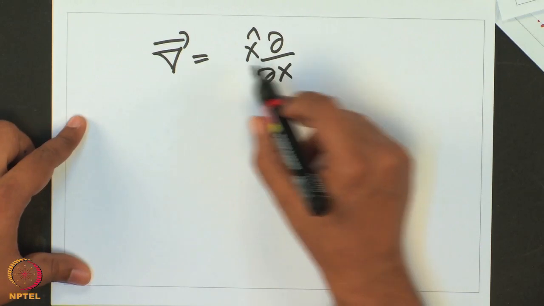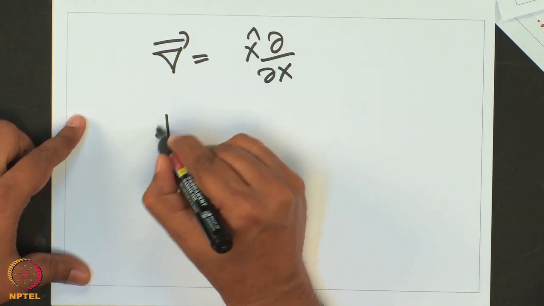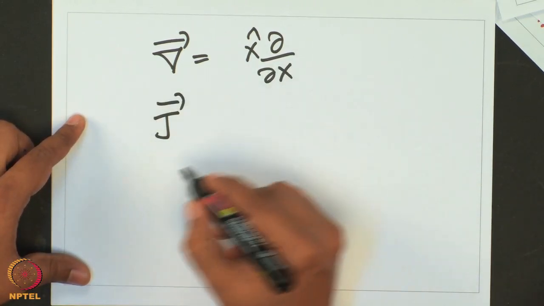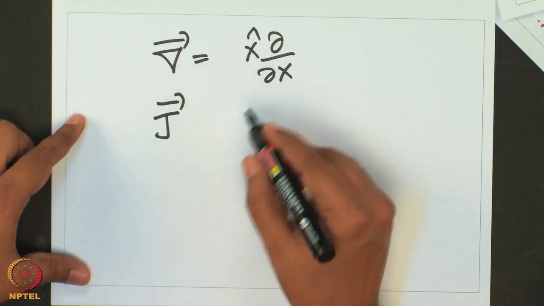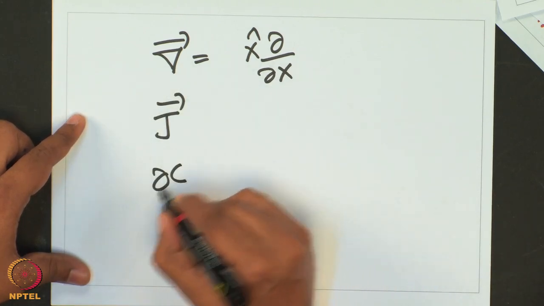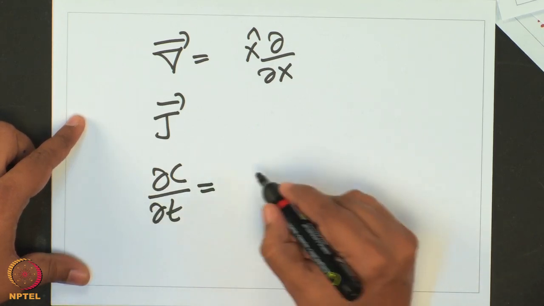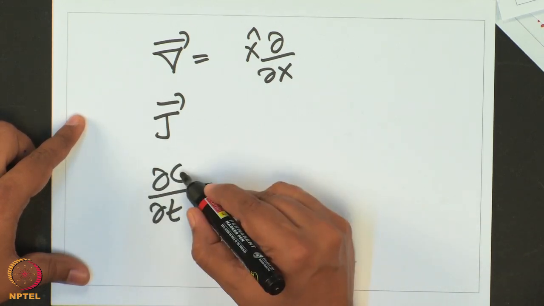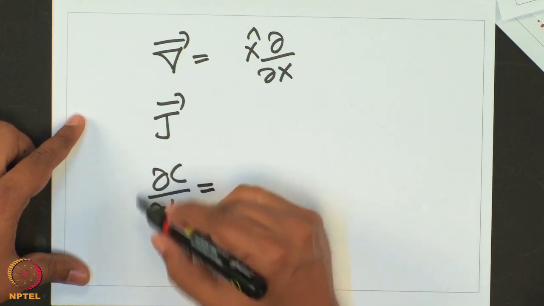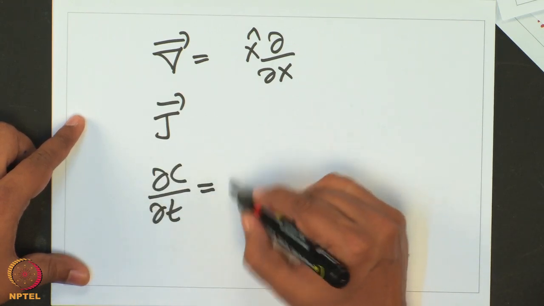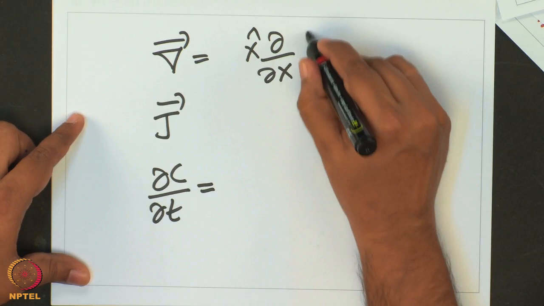And another vector we have is J. Now we know that dC/dt is a scalar. C is not a vector, t is not a vector, so this whole thing is a scalar. Therefore we want to get a scalar here also.